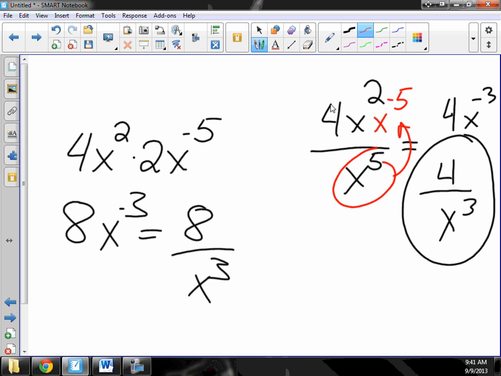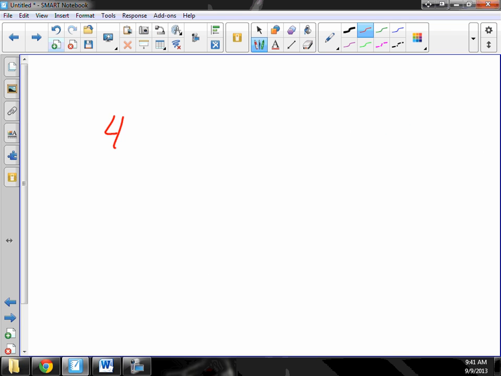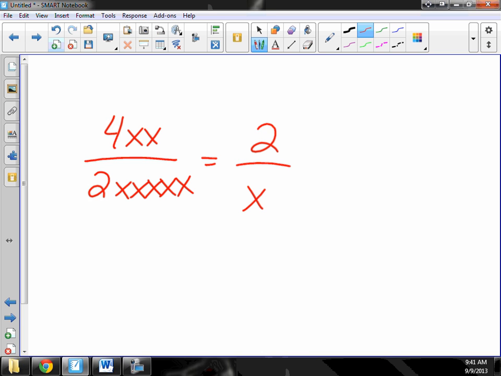Well, consider this. Four x squared over 2x to the fifth. Why does that equal 2 over x to the third? I cancel them out, right?